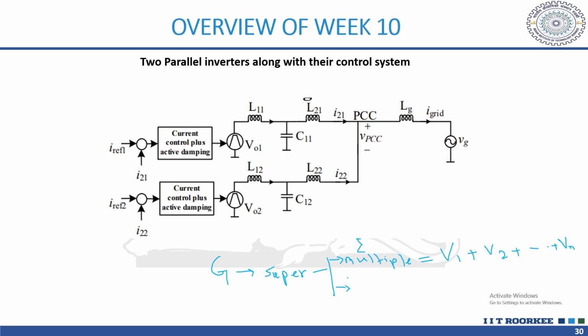So we can short circuit V01 and calculate the effect of V02. Similarly, at another instant we short circuit V02 and calculate the effect of V01, and then add these two to get the characteristics when both V01 and V02 are present.